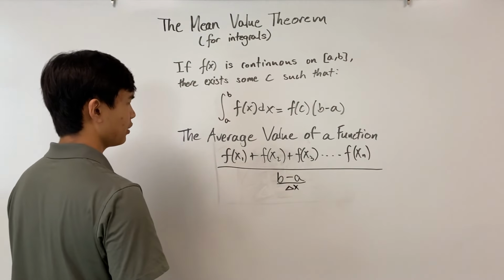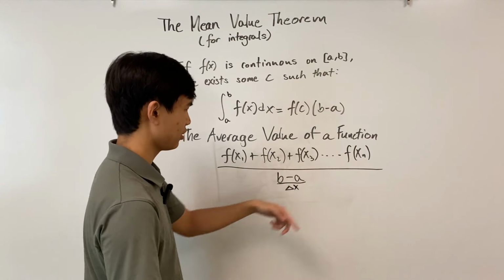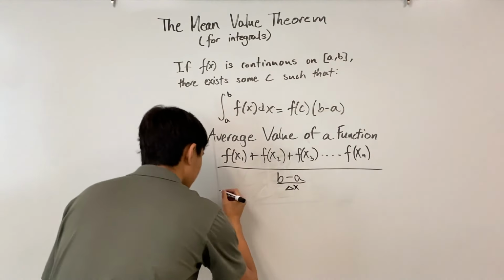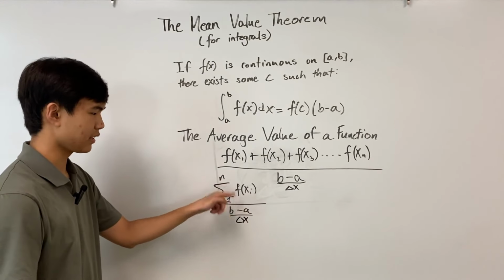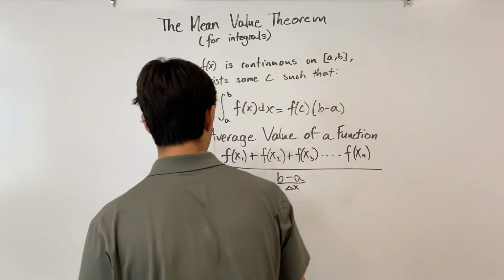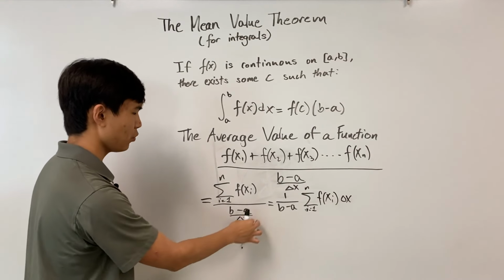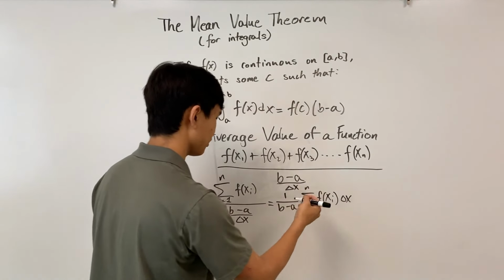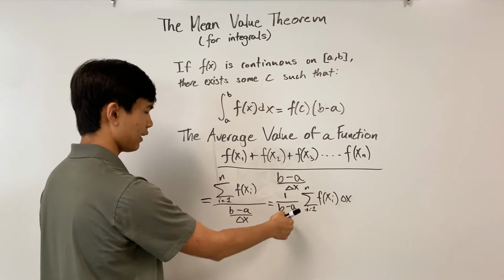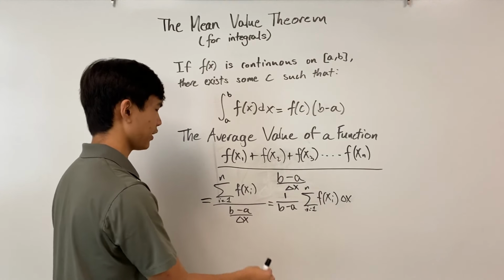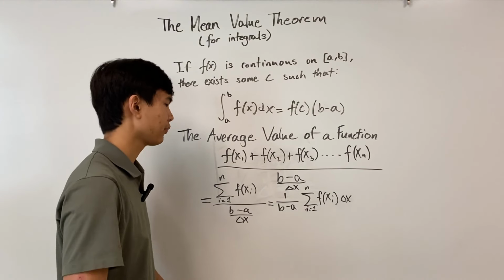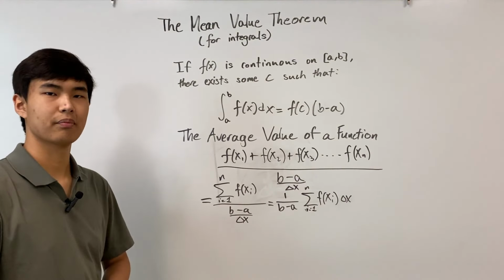Notice how we can rewrite this with the summation sign. And we can simplify this complex fraction too, like this, where now this is being multiplied, and I've just moved the fraction from the denominator to multiplication. Doesn't that look a little familiar?